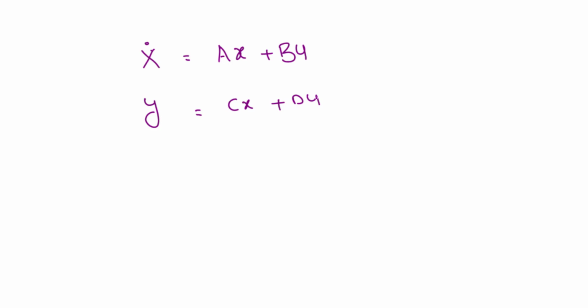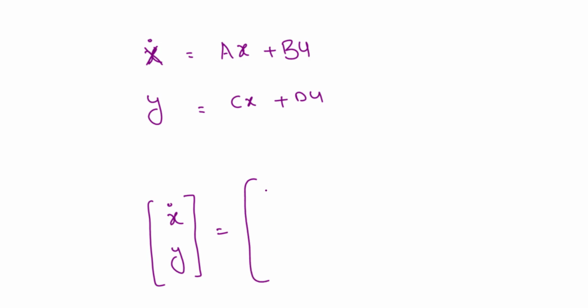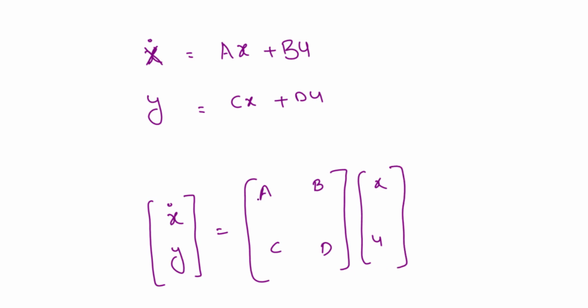I will tell you one by one carefully. Suppose I take a small x; I am putting x dot and y in matrix form, with A, B, C, D, and x and u. You observe carefully: x dot is equal to Ax plus Bu, and y is equal to Cx plus Du.